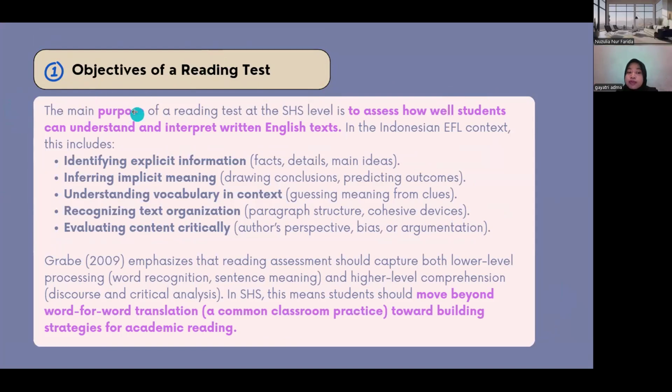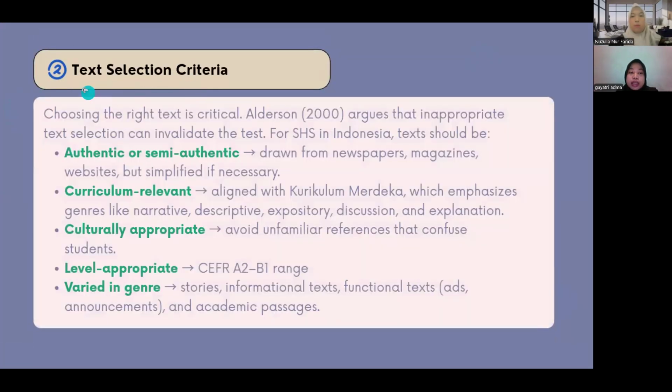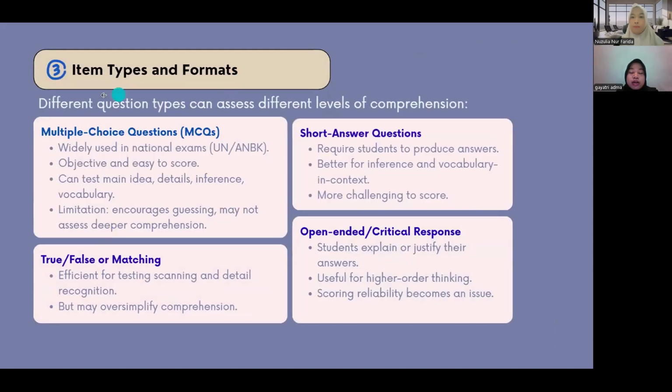We have to define the purpose, and then we have to know the text selection or the criteria when we want to assess the reading skill of our students. And then there are various types and formats that we can use for assessing reading.